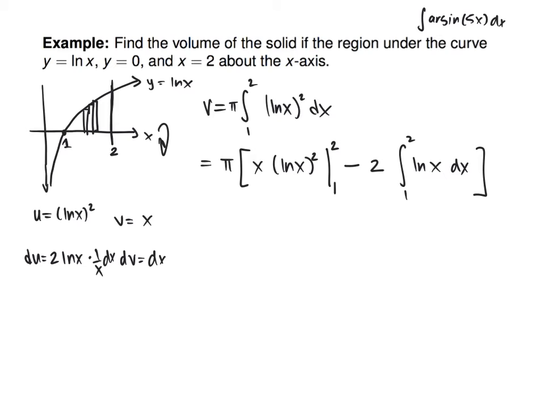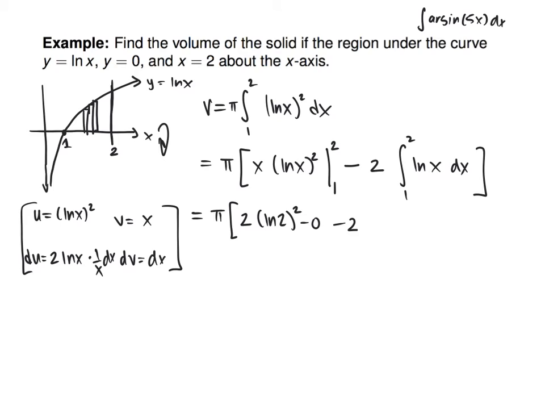So that's number 1. Here we have pi times 2 ln of 2 squared minus 1 ln of 1 squared. But what is ln of 1? 0. So can I just erase it so I have more space? I'll just say minus 0 to make it pretty clear that that was a 0 term.